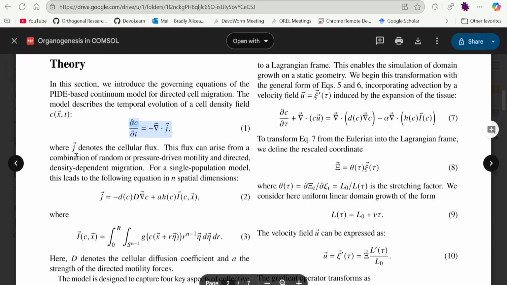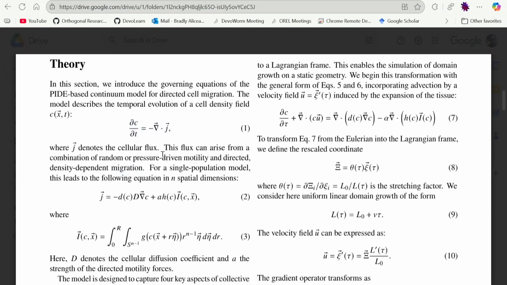And this J term is the cellular flux. So this J term is directional, and it's the cellular flux in one direction. Or it's directional, I guess. It doesn't have to be in one direction. In this case, it's consistent with the gradient.